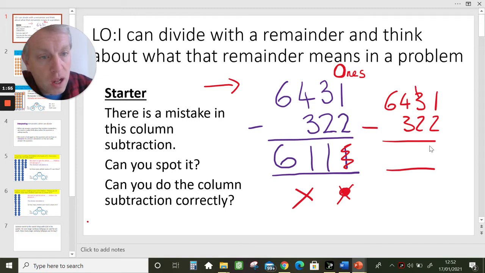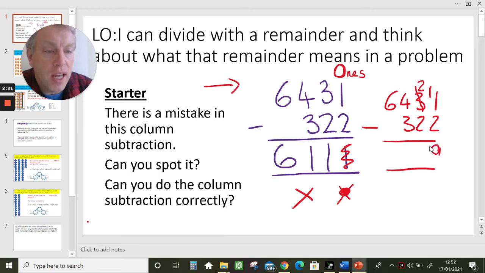So, do you remember? We're going to take one of the 10s. Now, instead of 3 10s, we've got 2 10s. We put the 1 10 into the ones. Now we've got 10 ones and 1. Now we've got 11 ones.